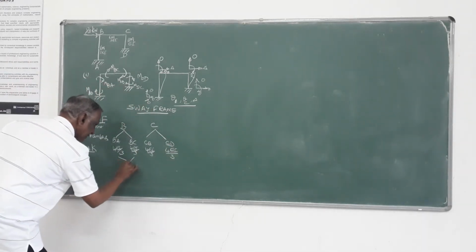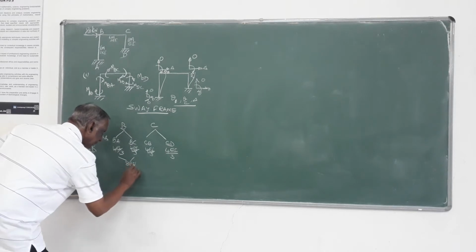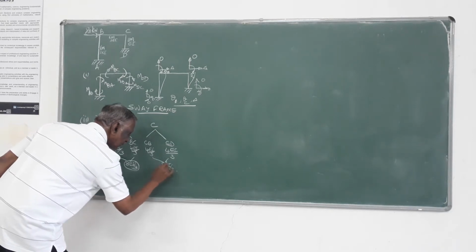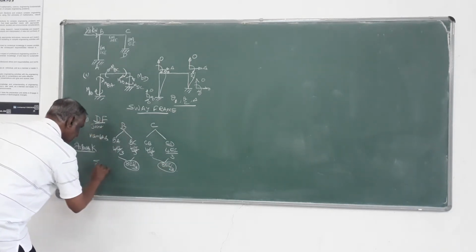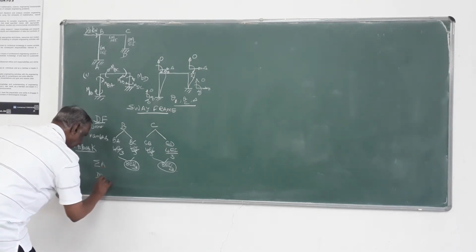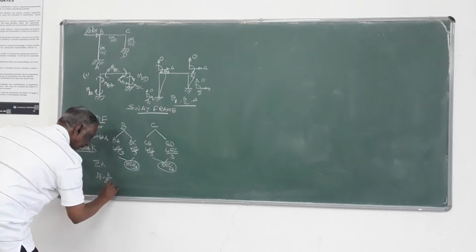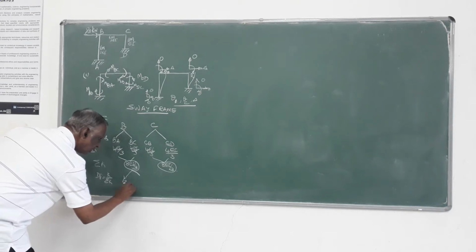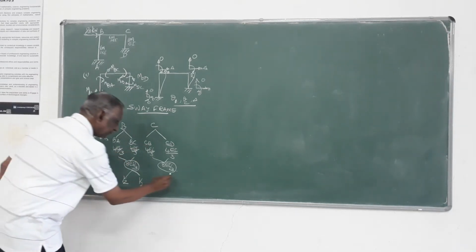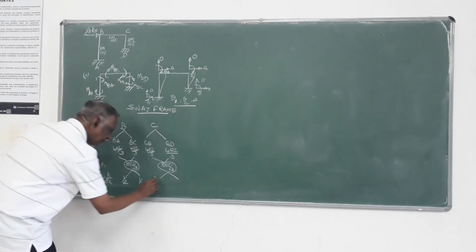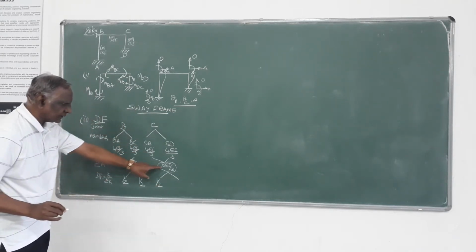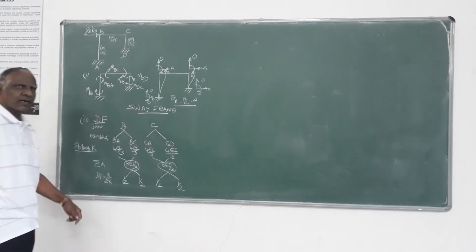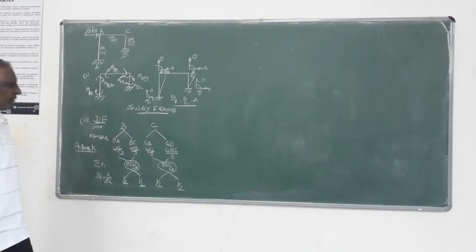So the total stiffness here is 8EI by 3. This is the total stiffness, and the distribution factor is K by sigma K. That is 4EI by 3 divided by 8EI by 3, which is half. Here also half. Same thing at joint C: for member CB, the distribution factor will be 4EI by 3 divided by 8EI by 3, half. Then for CD also it is half. These are the distribution factors.